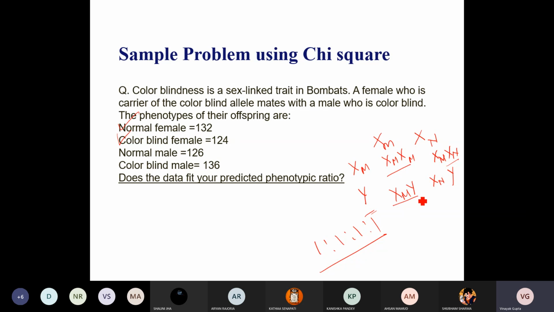XMY is the colorblind male, the next category. XNY means a normal male. These genotypes each occur only once. That means the ratio here is 1:1:1:1, right?